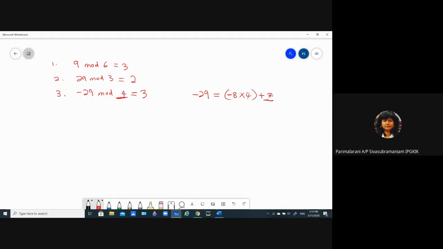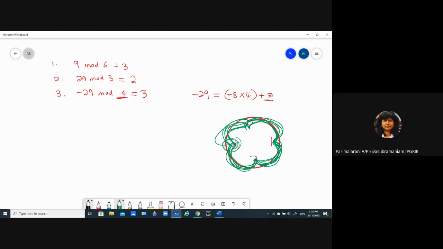Okay, if you're still not sure how to do that, then you draw mod 4: 0, 1, 2, 3. Mod 4, negative 29, go anti-clockwise. Okay, so 1, 2, 3, 4, 5, 6, 7, 8, 9, 10, 11, 12, 13, 14, 15, 16, 17, 18, 19, 20, 21, 22, 23, 24, 25, 26, 27, 28, 29.